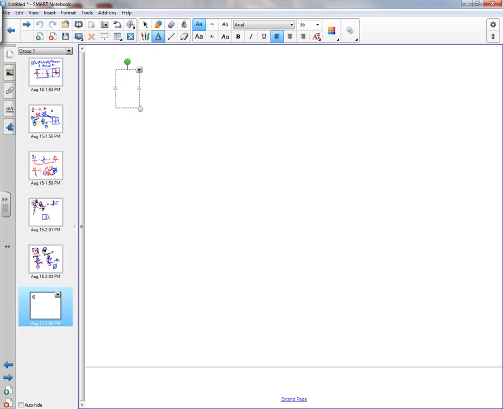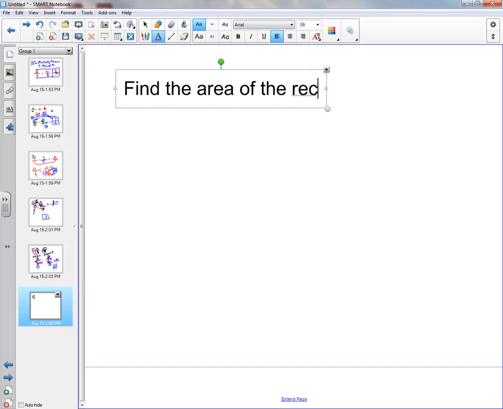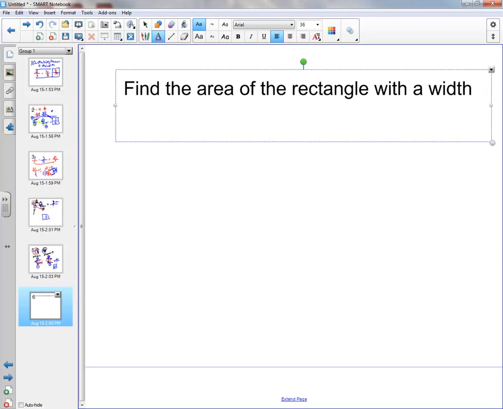So this word problem says, find the area of the rectangle with a width of, and I'll leave this blank and actually write them in for you because it's harder for me to type the fractions in, and a length of blank.